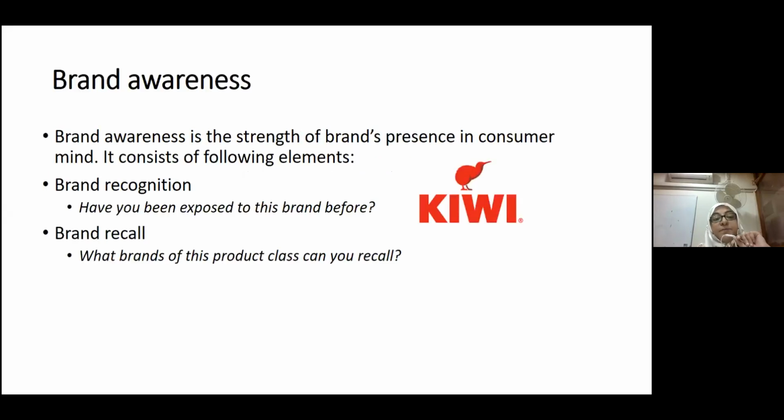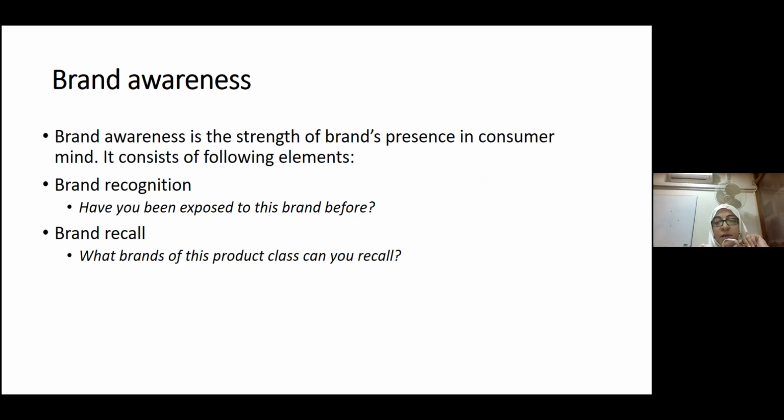For example, can you see this Kiwi written on the screen in front of you? Have you been exposed to this brand before? If you recognized what Kiwi is, it means that Kiwi has brand recognition. Brand recall means that I show you the product category and I ask you which brands you can recall in that product class.